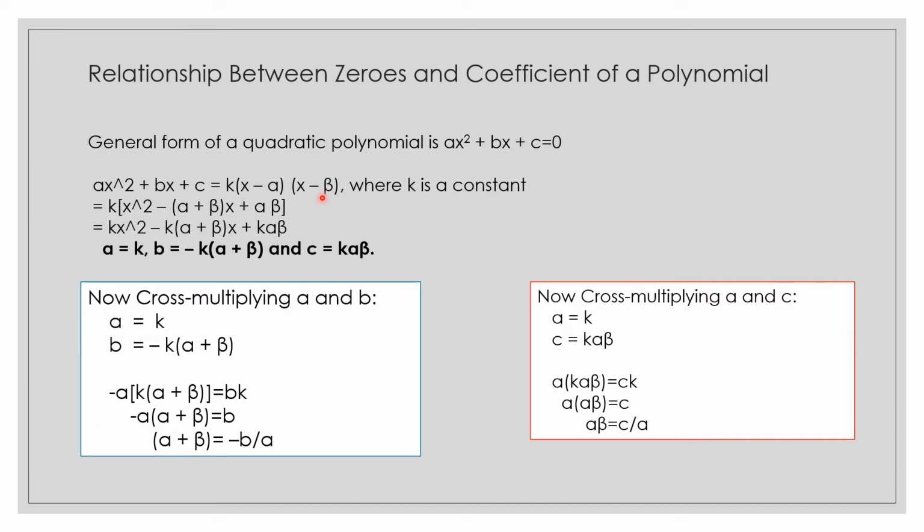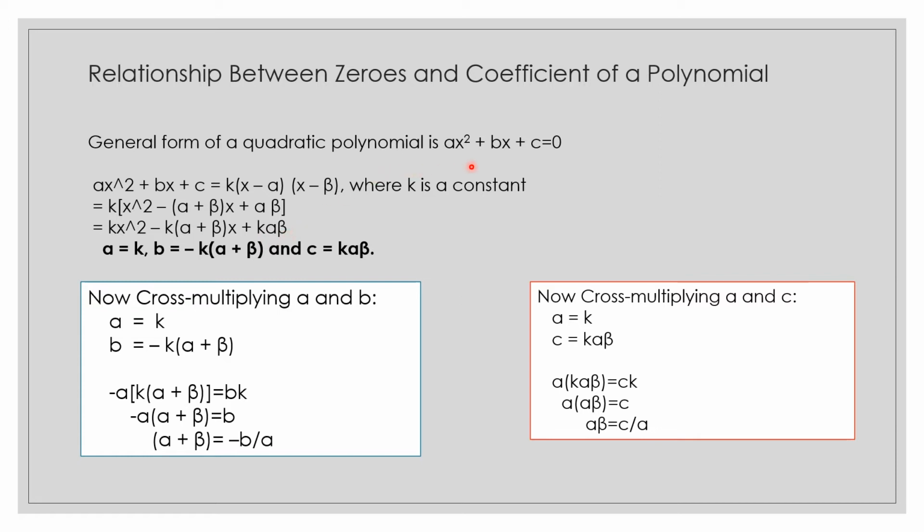And on factorizing a quadratic polynomial, we get the form k into x minus alpha into x minus beta, where k is a constant and alpha and beta are zeros. So on simplifying them, like on multiplying, we get this form finally. And in this equation, we can see that the coefficient of x square is k and the coefficient of x is minus k into alpha plus beta, and k alpha beta is a constant, which is similar to our general form.